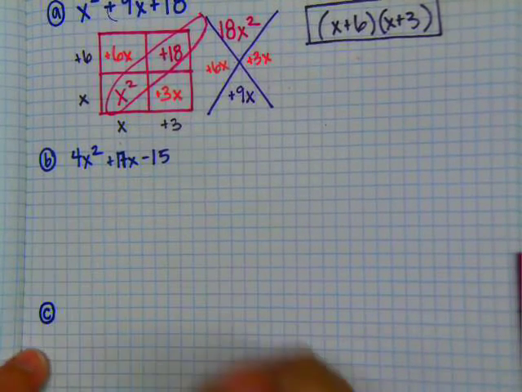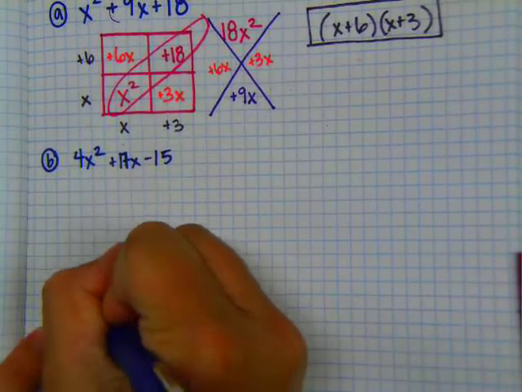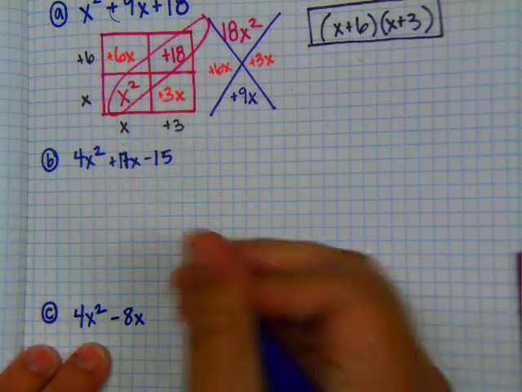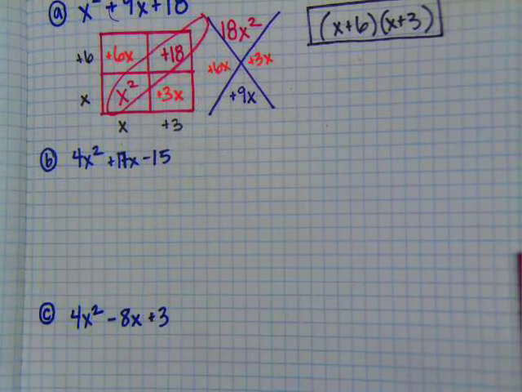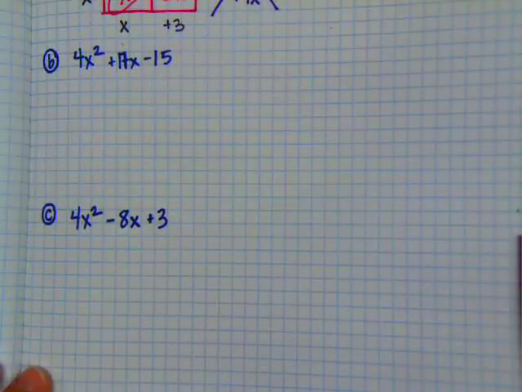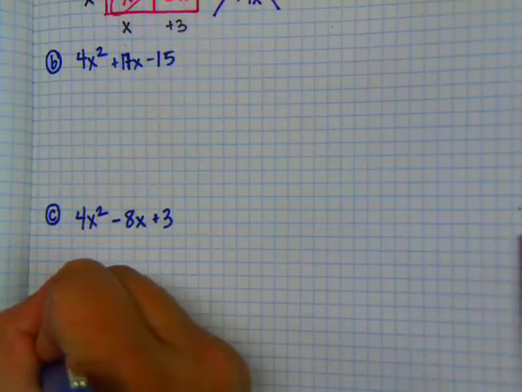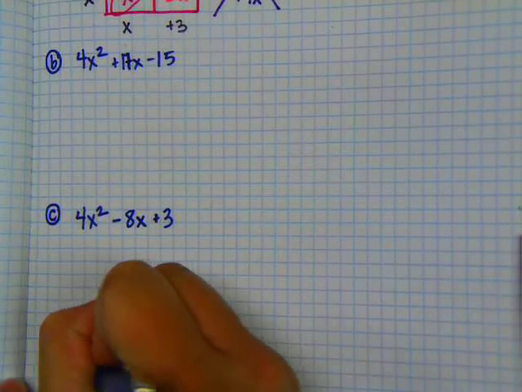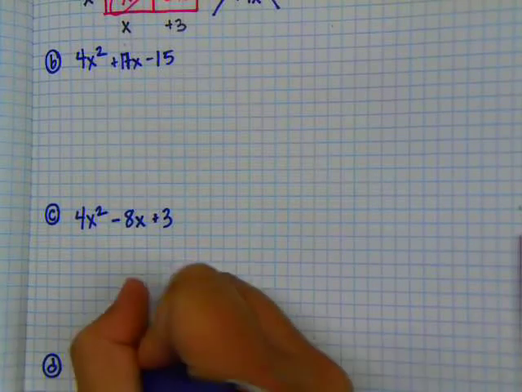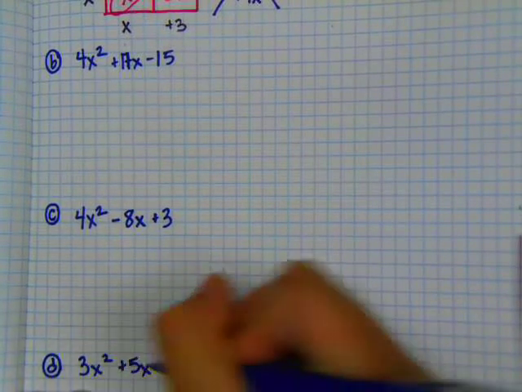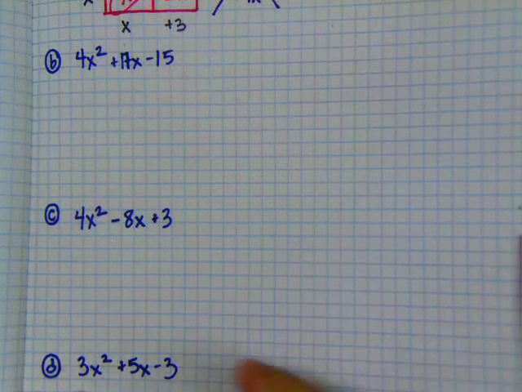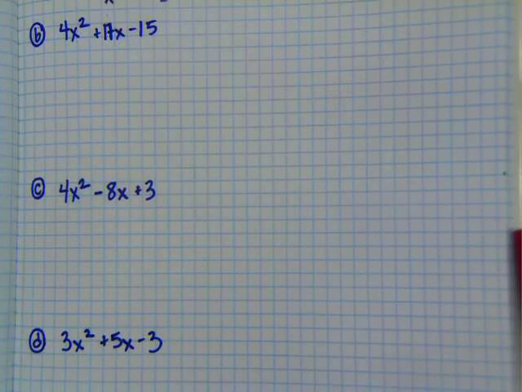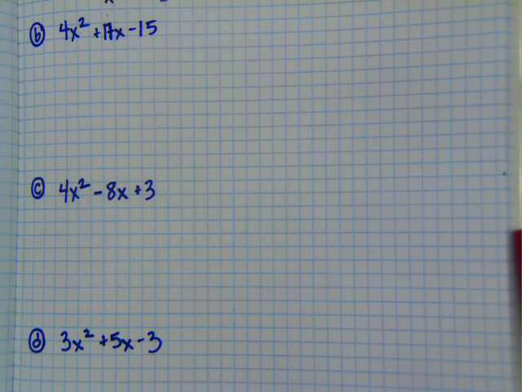Letter C is going to be 4x squared minus 8x plus 3. And then the final one, letter D, will be 3x squared plus 5x minus 3. So go ahead and do those 3 problems. Again, the video is going to stop. You're going to put in your answers, and then I will be going over them after.